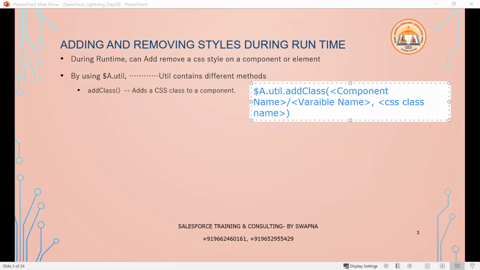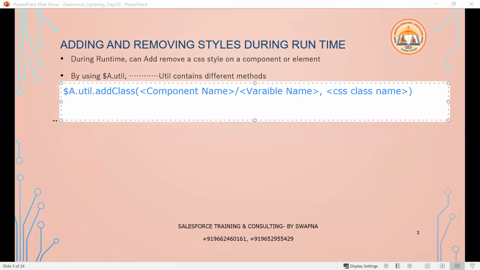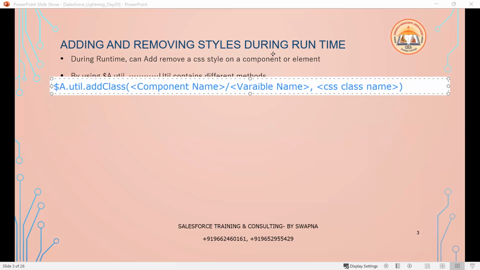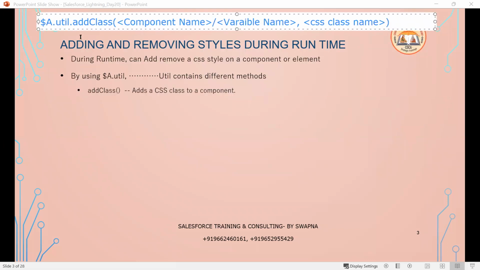So this is the syntax: $A.util.addClass, component name or variable name, comma, CSS class name. Every method has two parameters.